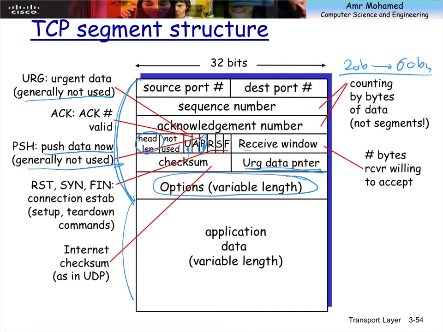This push flag means that if this segment was received at the receiver, even if it's out of order, I have to deliver this to the application even if it's out of order. Because we said that delivery to the application is always ordered, right?